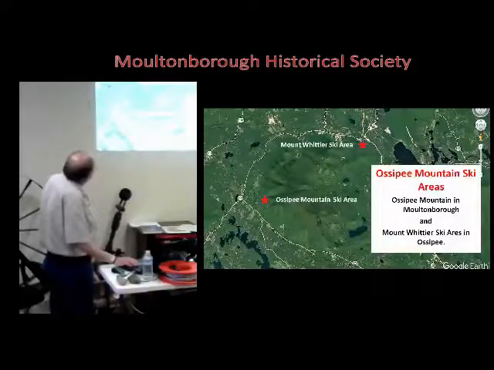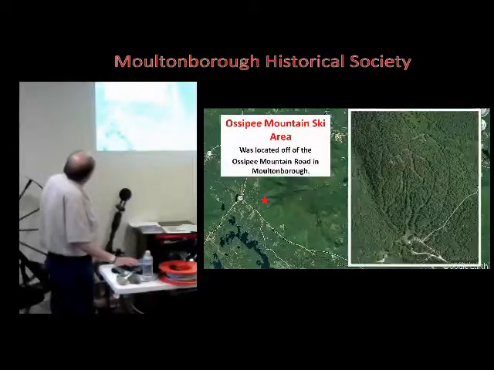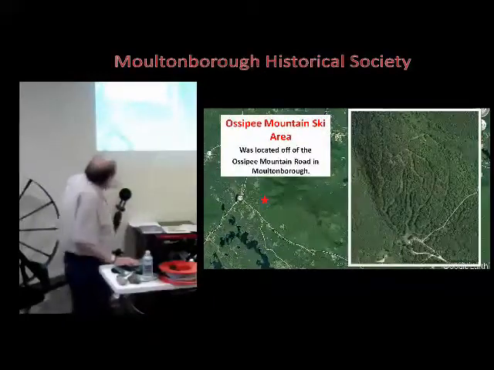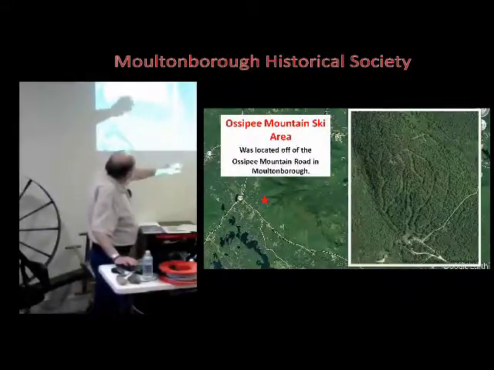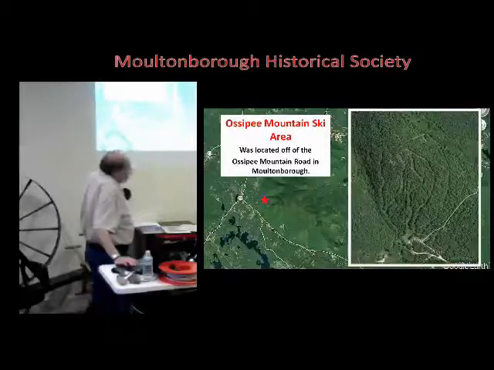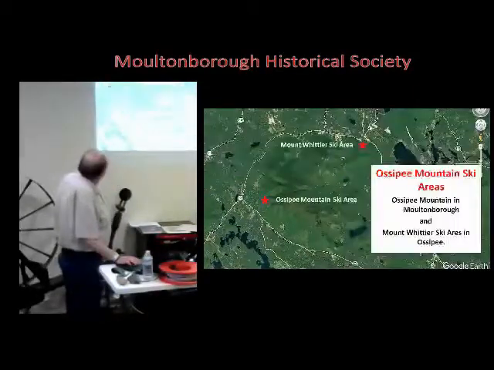Ski areas. There were 2 that I was able to find. The Ossipee Mountain ski area, right here in town. You can still see the trails using satellite imaging, and it's off Ossipee Mountain Road.